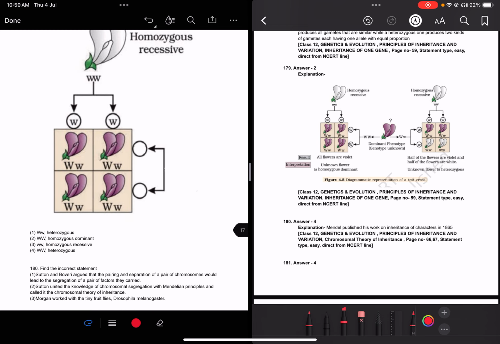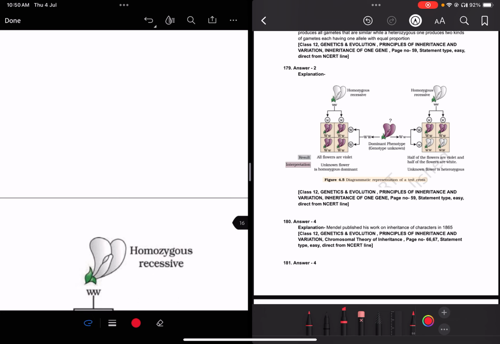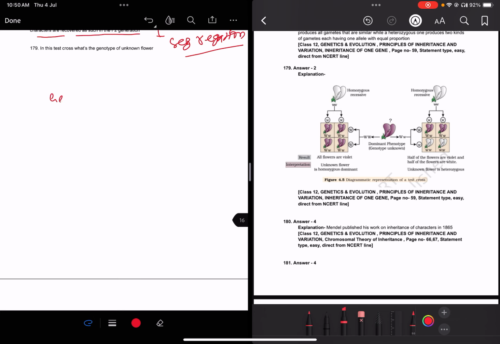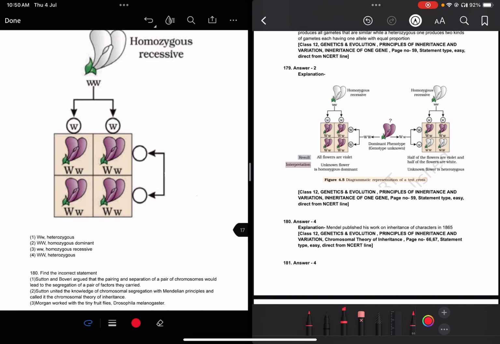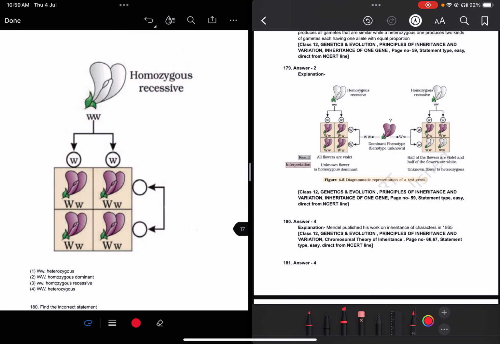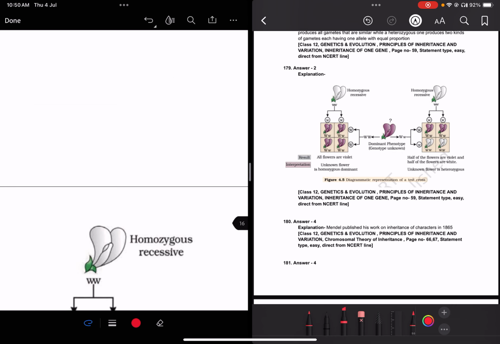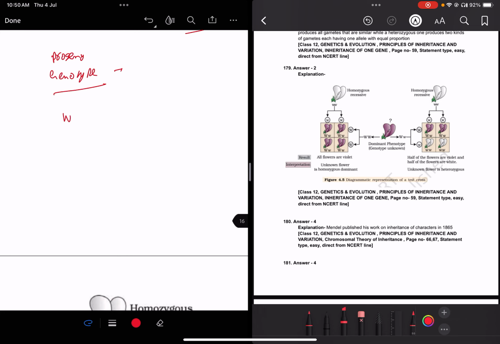Here the question is different. Here the genotype in the progeny is given to us, and we should find the parental genotype by the cross. So the homozygous recessive is given as ww, and we should find the unknown, suppose X.